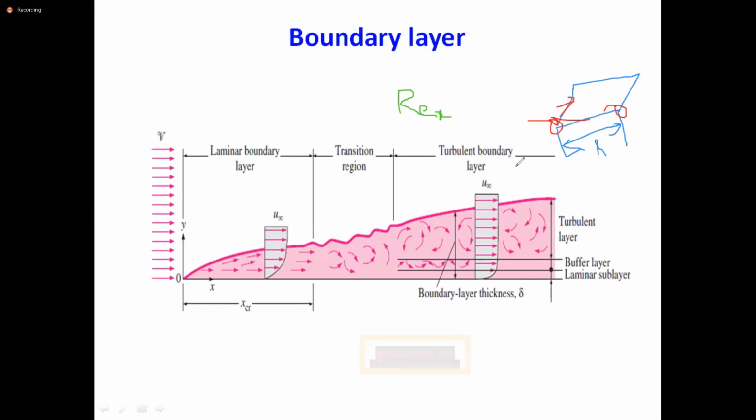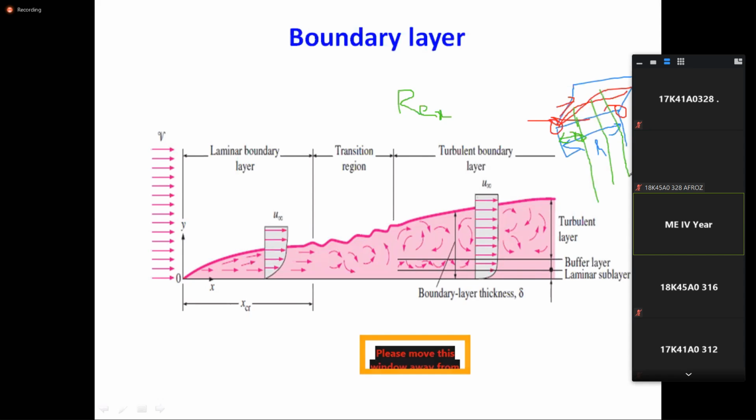The boundary layer thickness varies like this. I want to calculate the boundary layer thickness at a particular distance from the leading edge, let us say at a distance x. At this particular distance, what is the boundary layer thickness?